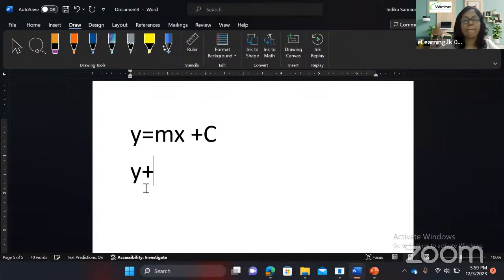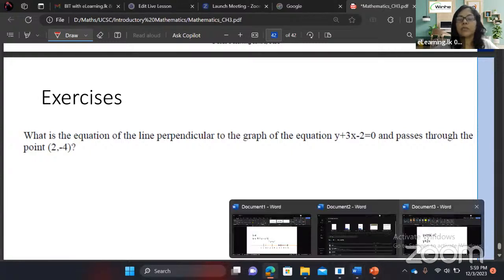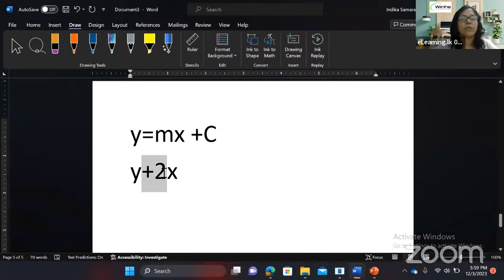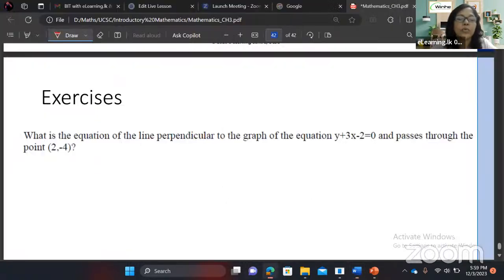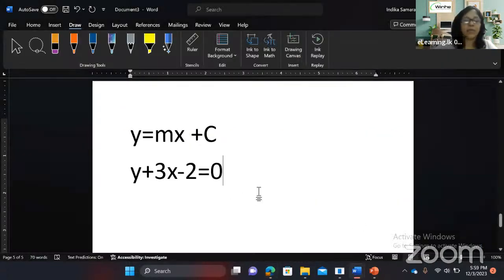So the equation is given like that, and it says it is passing through the point (2, minus 4).